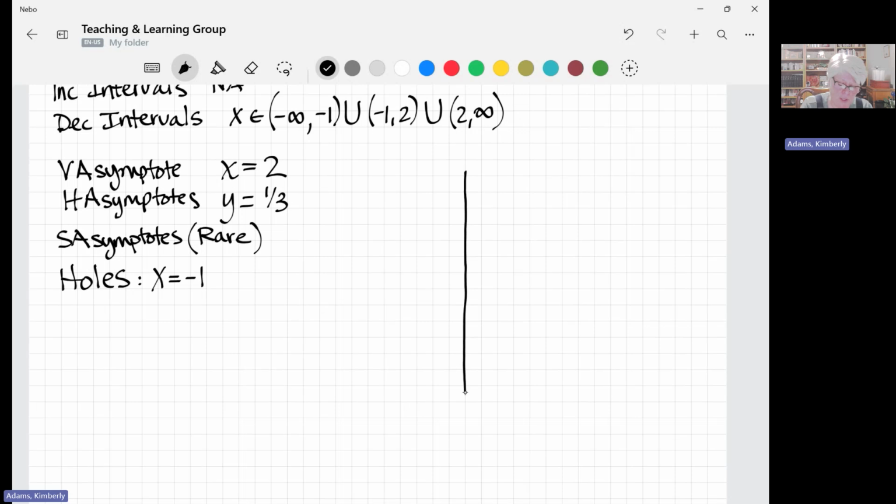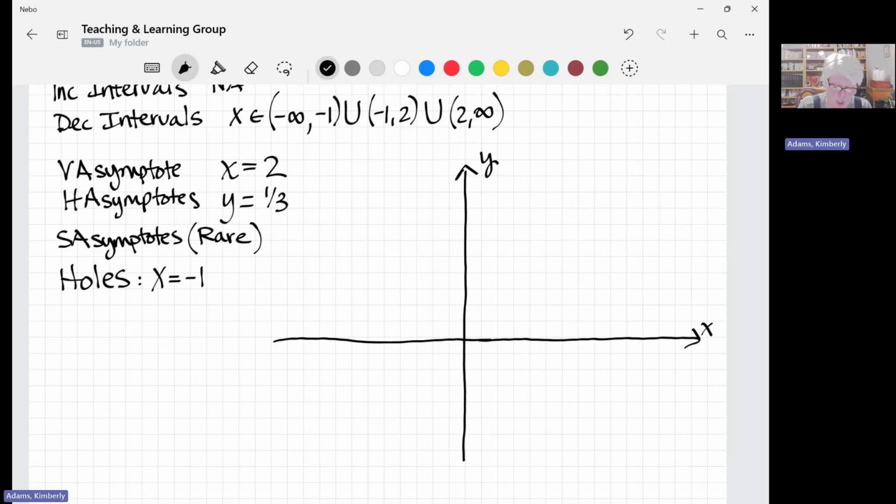And remember, this is about curve sketching, not about graphing. And here's the difference: you're going to use minimal information to give yourself a general shape and behavior of the graph.